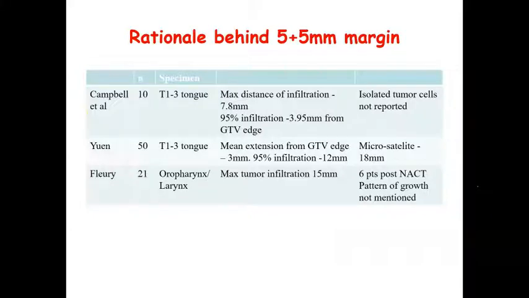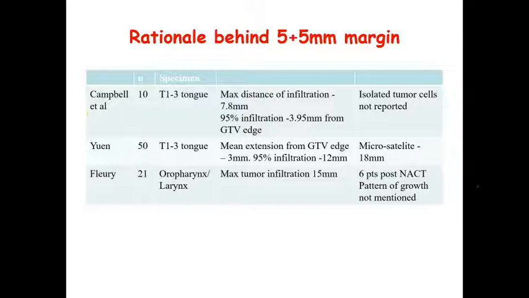So what they've seen is that the maximum tumor infiltration is to the tune of about 7.8 mm in one of the studies. And 95% of the tumor cells were seen to be infiltrated within around 3.95 millimeters from the gross tumor edge, which means if we follow this 5 plus 5 pattern, if you've included the 5 millimeter, you created a concentric ring of 5 millimeter, you are safely including 95% of the microscopic infiltration.